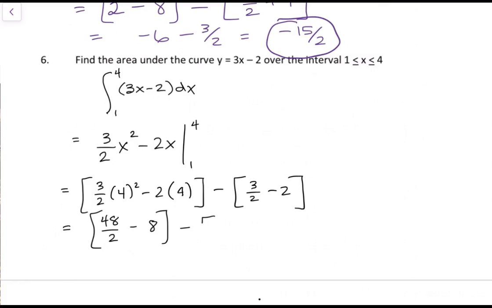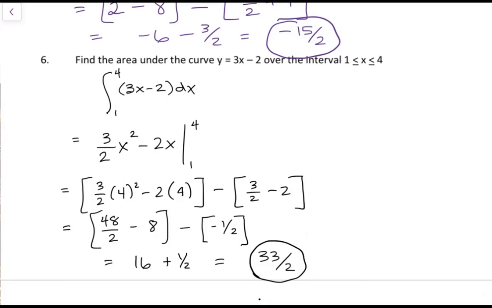And over here, 3/2 minus 2 would be -1/2. So we've got 24 minus 8 is 16 plus 1/2 would give me an overall area of 33/2.